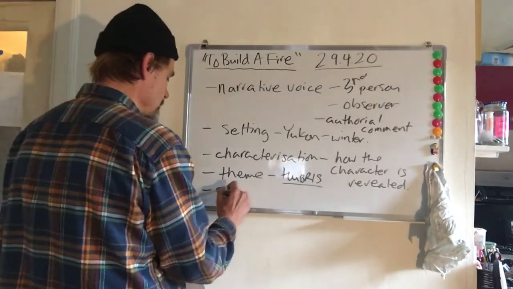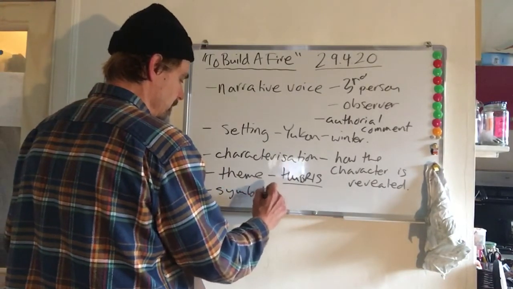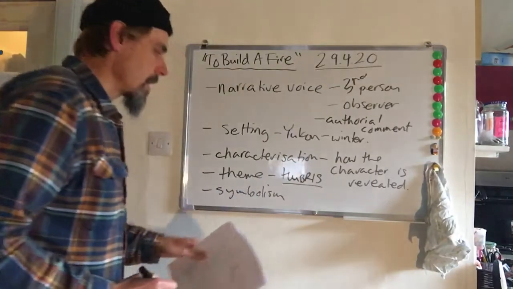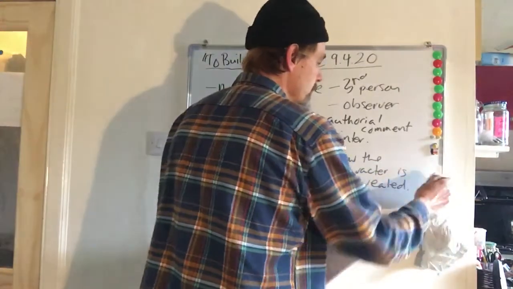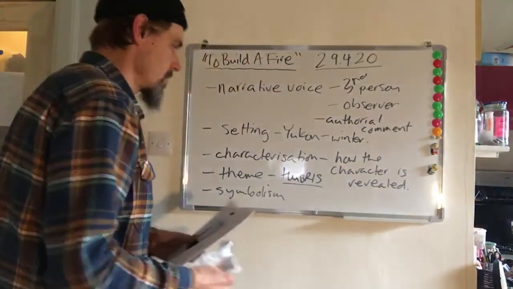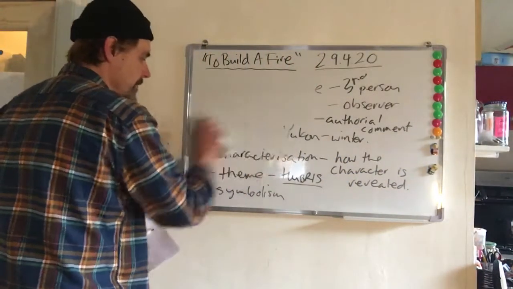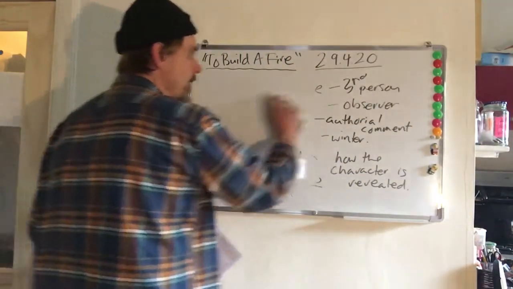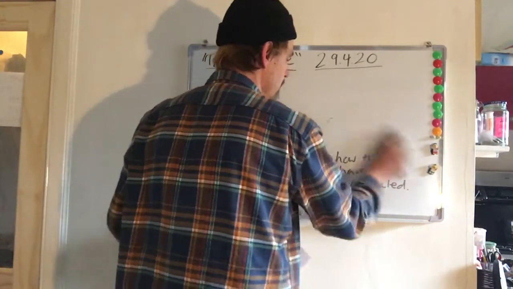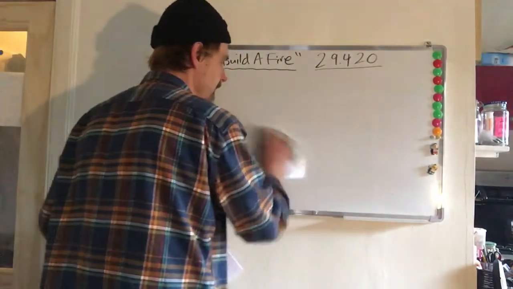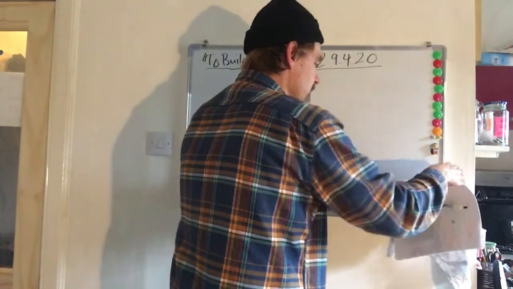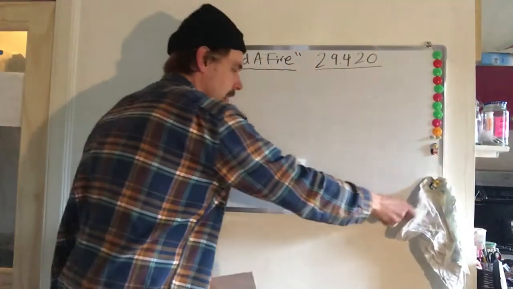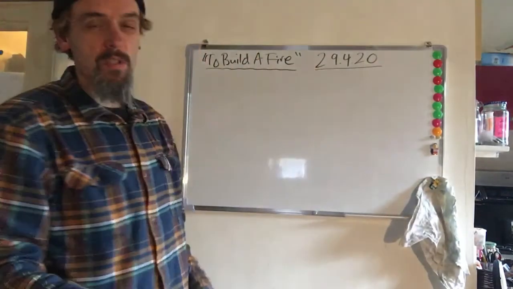We're also going to talk a wee bit at the start about symbolism. And certainly one of the strongest, most potent symbols in the story is the fire. So if you think about what fire symbolizes in society or in our civilization, to our species, it's one of the oldest tools that we have created.